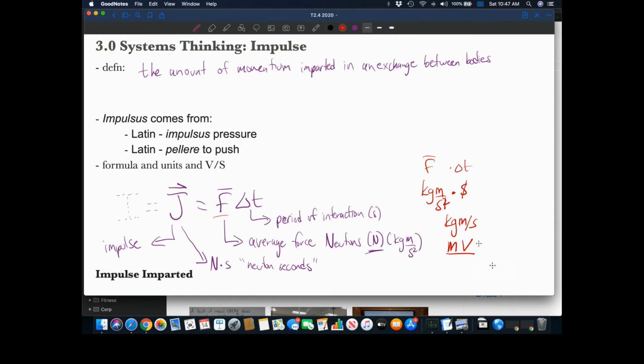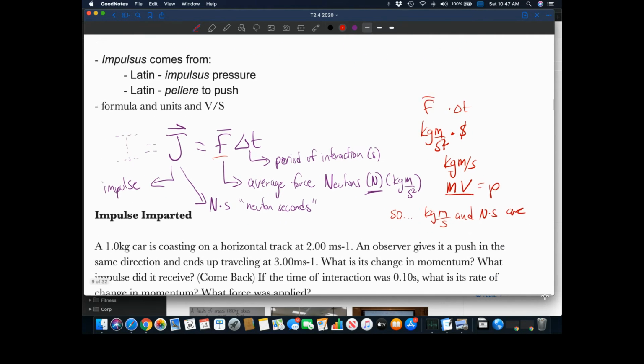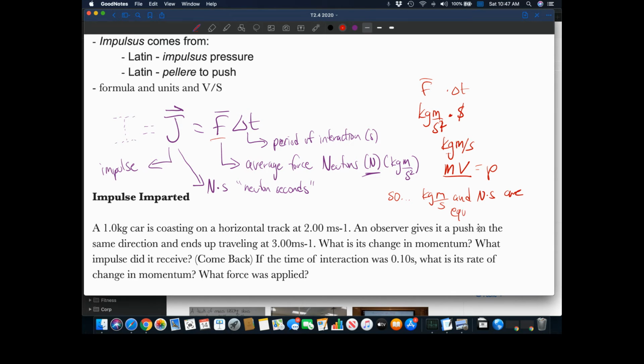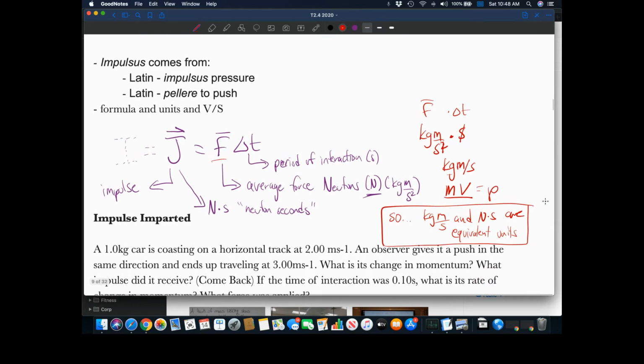So mv is momentum, of course, and the units are kilogram meters per second. So kilogram meters per second and newton seconds are equivalent units. That's just something to know now, and you'll see why later that could be important.